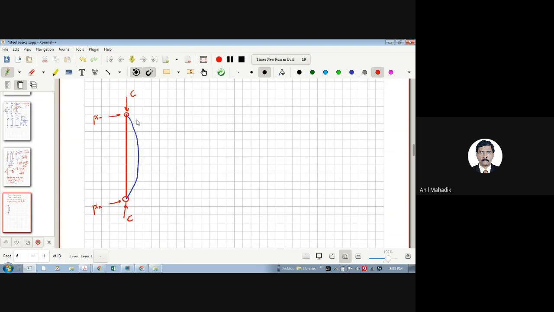In this kind of case, let's say this is your total length L. So here L effective is equal to L only, because these are the points of contraflexure, or zero moment points, or pin connections. So if L is, let's say, 2 meters, then L effective is 2 meters. Same.